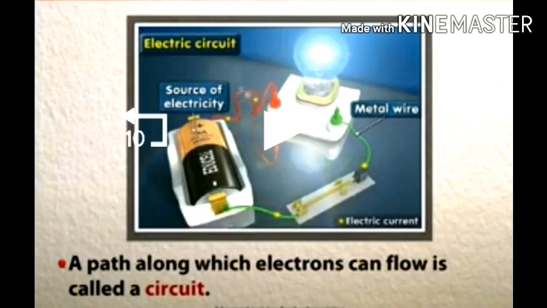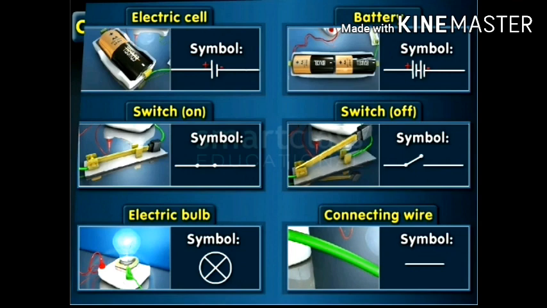There are different components available for the electrical circuit. They are the electric cell, the switch in the on condition, the electric bulb, battery, switch in the off condition and connecting wire.